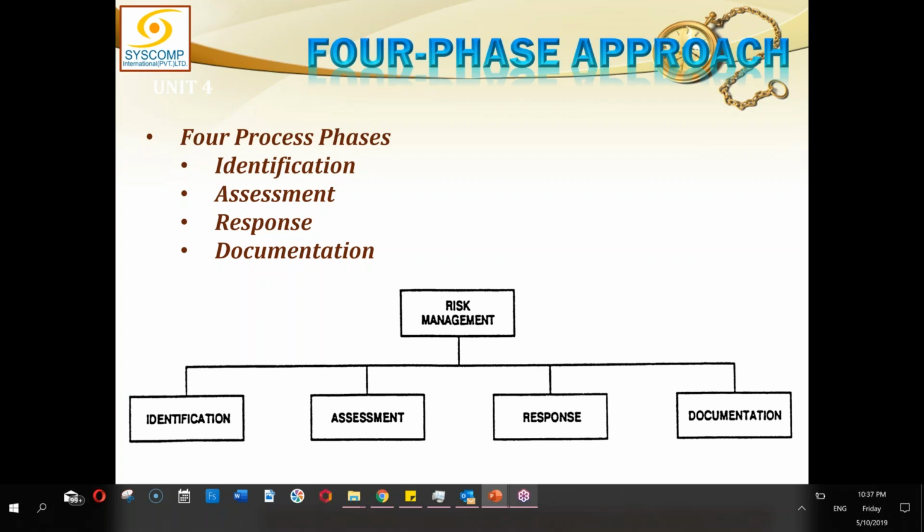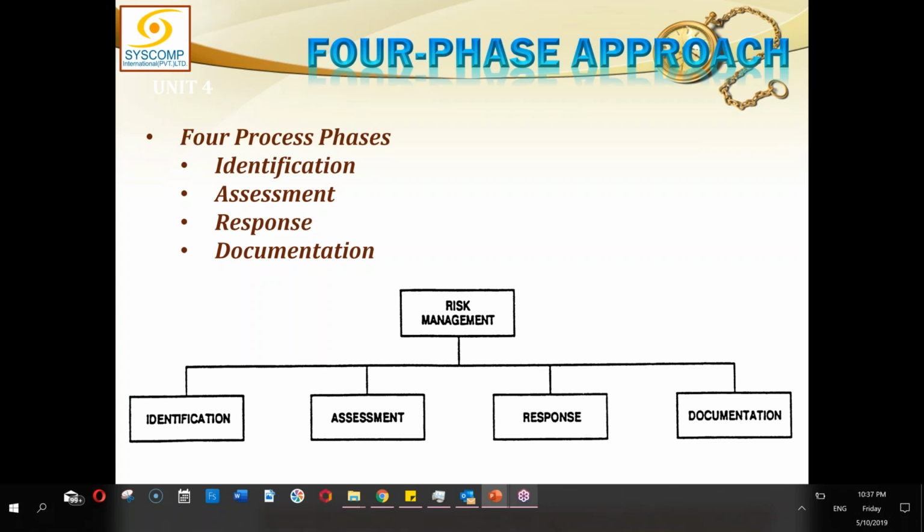Now, in PMI, we do not have documentation as a separate phase. But documentation is an output, which we generally call the risk reports or risk registers. And identification, assessment, and response are further elaborated in more detail in PMI. We identify the risk, and assessment is further divided into 2 parts: qualitative risk analysis and quantitative risk analysis.